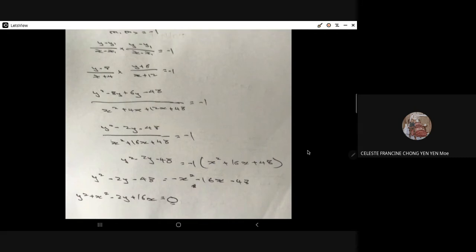And then we calculate it again, where we move to the left again, and our final answer, which is our equation, will be y squared plus x squared minus 2y plus 16x equals to 0.